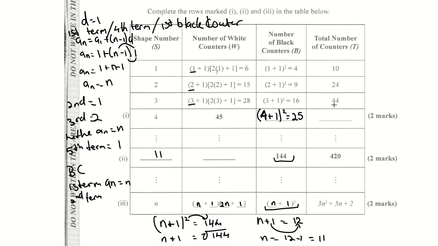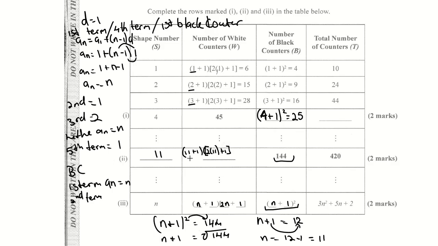Anyway, so we use this. Right, let's use this one. So we know your nth term is 11. So that would be 11 plus 1 in one bracket by 2 by 11 plus 1 in your next bracket. Did they put square brackets? They did.